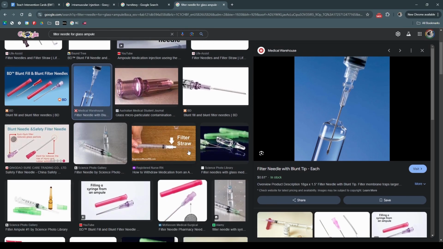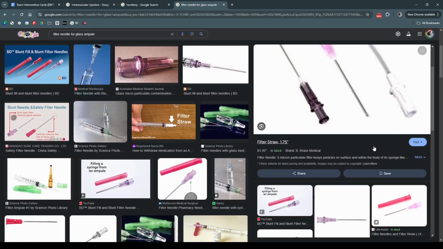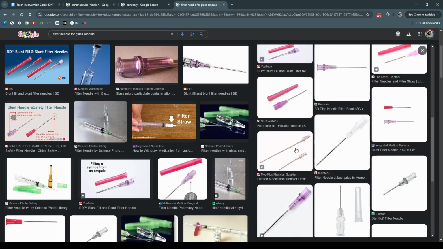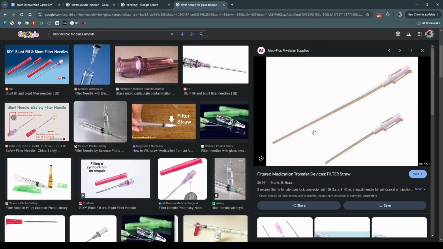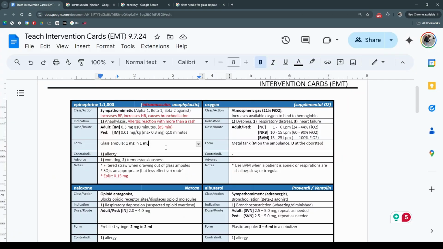But a filtered needle traditionally looks like this. It's a plastic tube, and it's got a little mesh here, super small particulate mesh, to prevent glass from coming through. And so that's what I mean when I say, hey, use a filtered straw when drawing out of glass ampules.